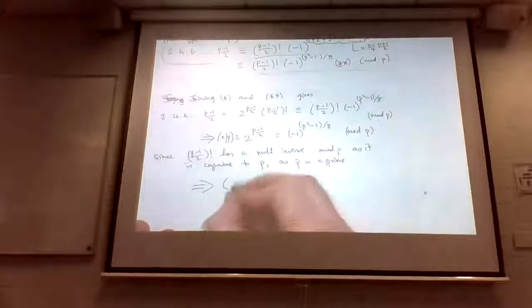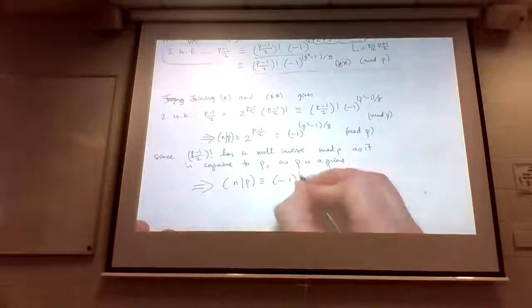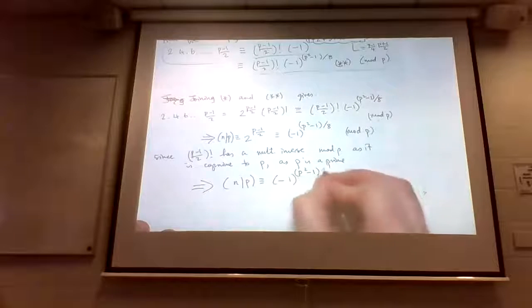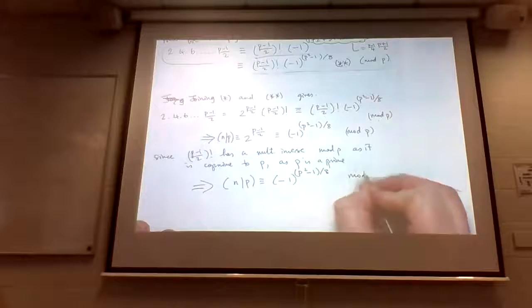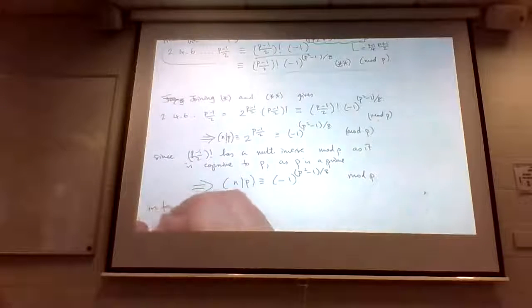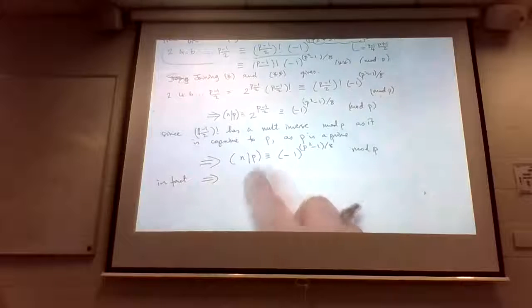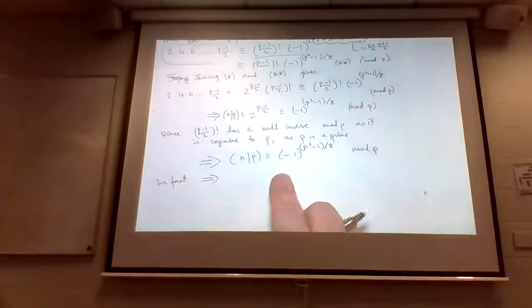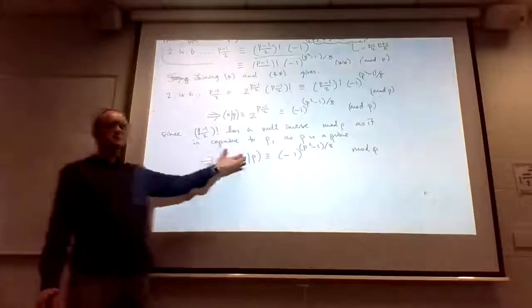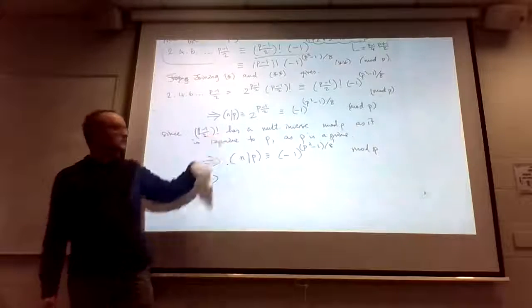So just cutting out the middleman now, this is congruent to minus 1 to the power of (p squared minus 1)/8. In fact, slightly better than saying they're congruent, because they're both by definition plus or minus 1. The Legendre symbol, when we defined it at the very beginning, is either plus 1 or minus 1.